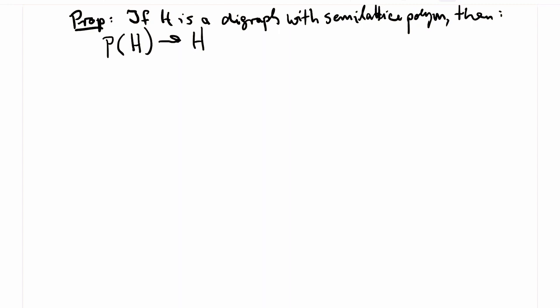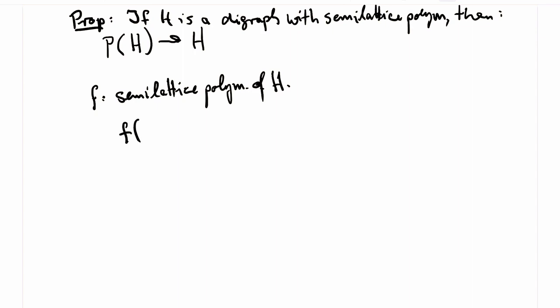And to give you an idea, I will first give you a little example of what we can do with semilattice operations. Suppose f is a semilattice polymorphism of H. Now we can produce new interesting polymorphisms via composition.